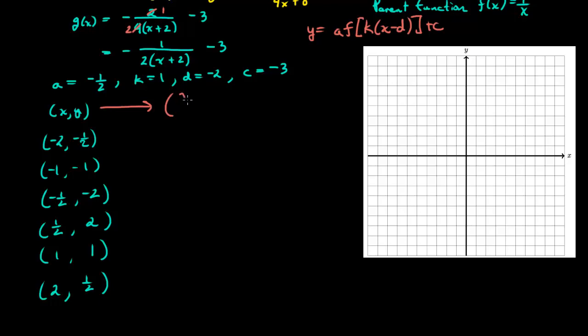So here I've got x divided by k, but k is just 1, so x divided by 1 is just x. And then I have to add d. d here is negative 2, so I'll have x minus 2 as my new x coordinate.